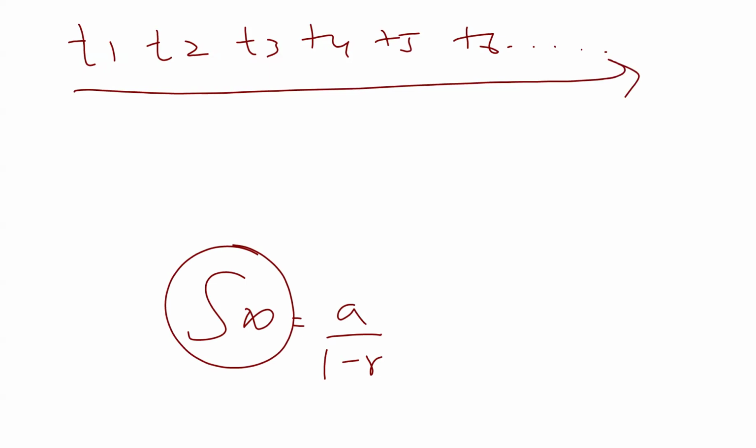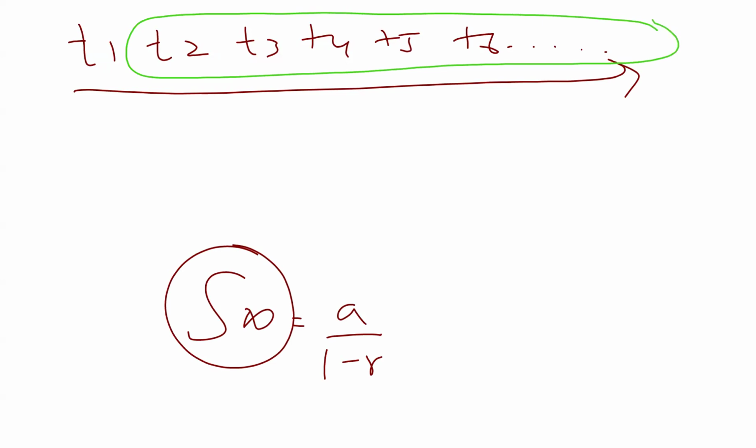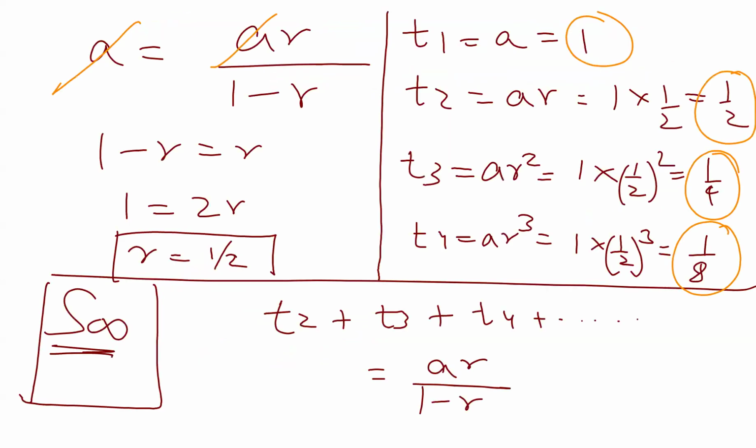But in S infinity problems, if we require addition of all these terms starting from the second term, the formula is AR upon 1 minus R. I can prove that to you, but right now I'm restricting it. It's very easy. It's not that complicated. So if T1 is the first term, any term is equal to sum of the succeeding terms. So this is the solution.